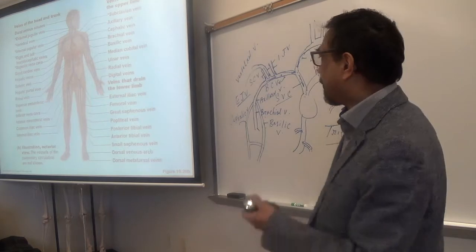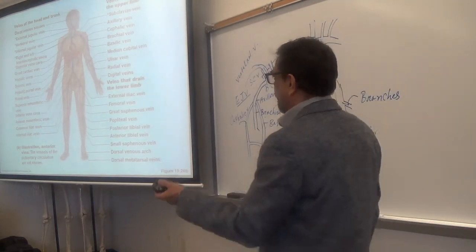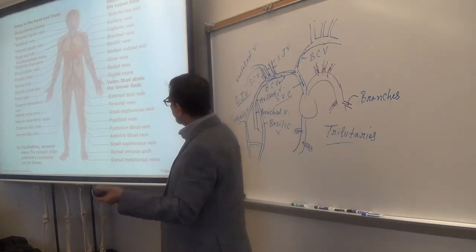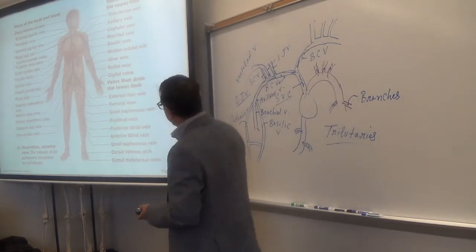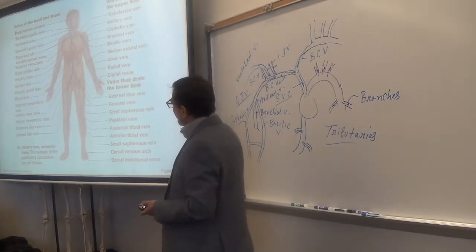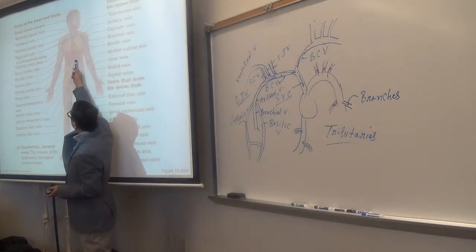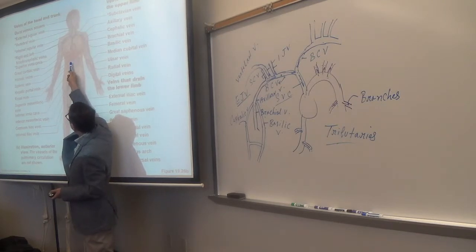So it receives blood from the kidneys, the liver, the suprarenal glands or adrenal glands, and the gonads. All those organs give blood to the inferior vena cava. So we already know that from the kidneys, deoxygenated blood enters the inferior vena cava via the renal veins.